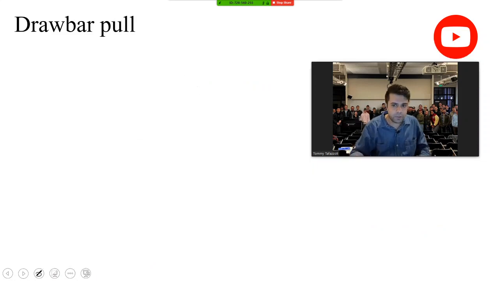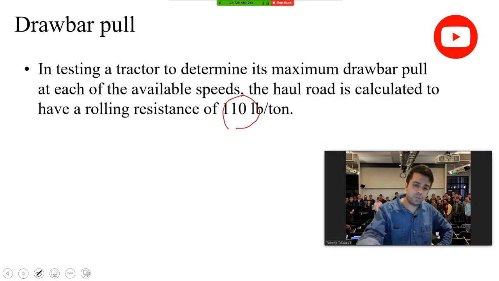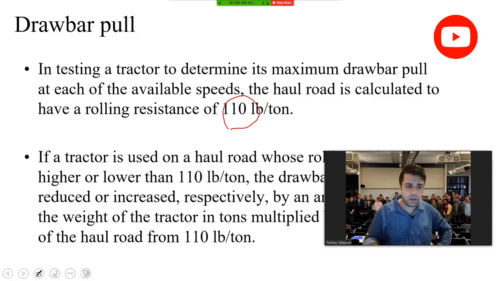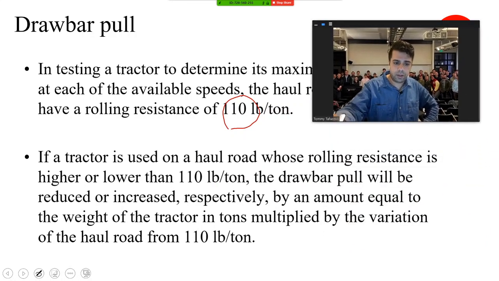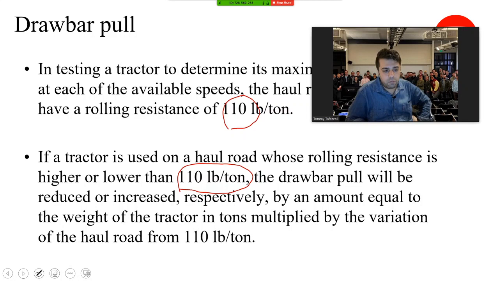Alrighty, so in testing a tractor to determine its maximum drawbar pull at each of the available speeds, the haul road is calculated to have a rolling resistance of this much, 110 pounds per ton. If a tractor is used on a haul road whose rolling resistance is higher or lower than 110 pounds per ton, the drawbar pull will be reduced or increased, okay?